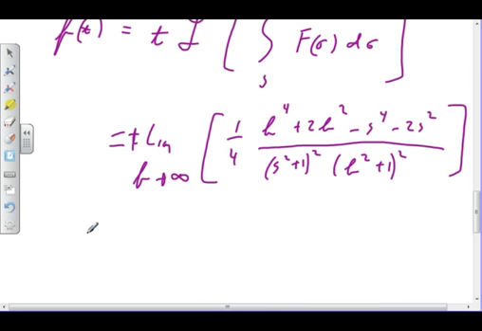Okay, so I got limit b goes to infinity. I'm going to bring out the 1/4.